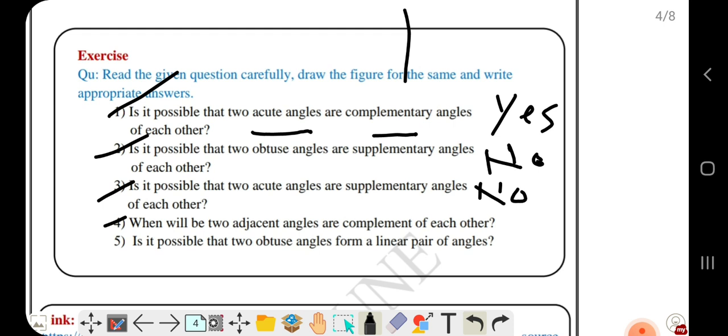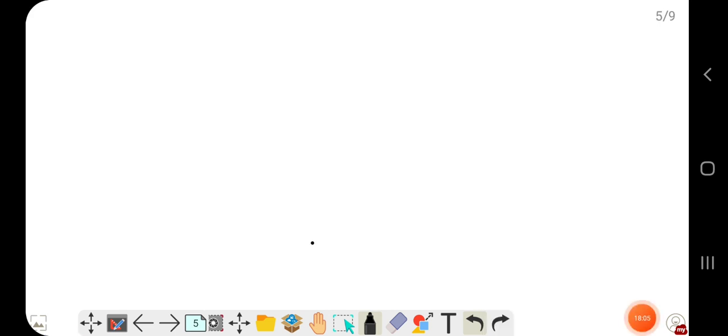The last question: is it possible that two obtuse angles form a linear pair of angles? Two obtuse angles we will draw. If one angle is here, this one is an obtuse angle, more than 90.